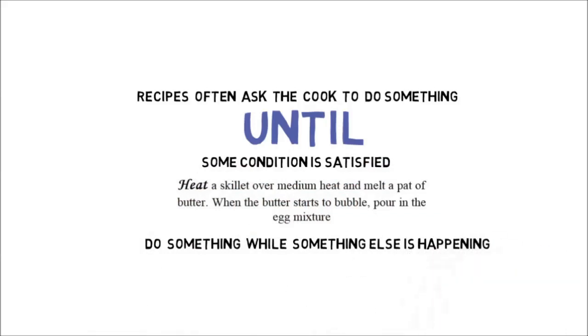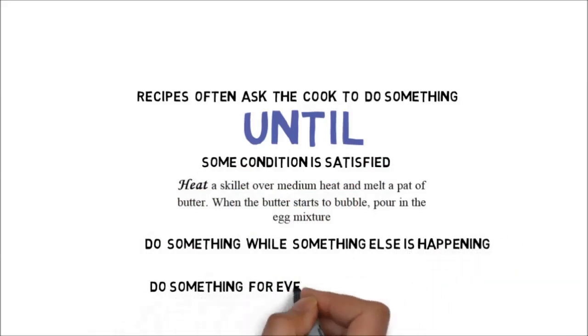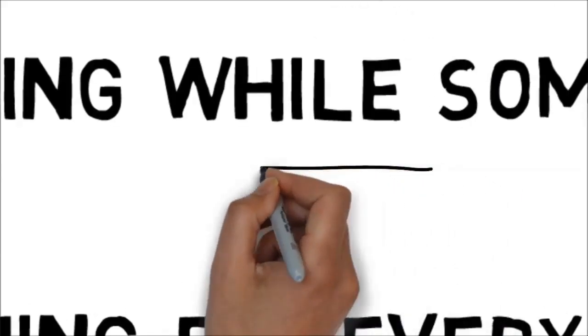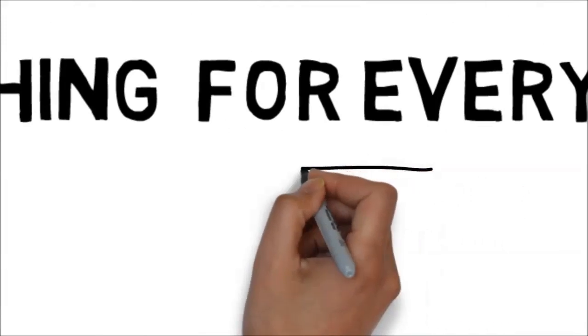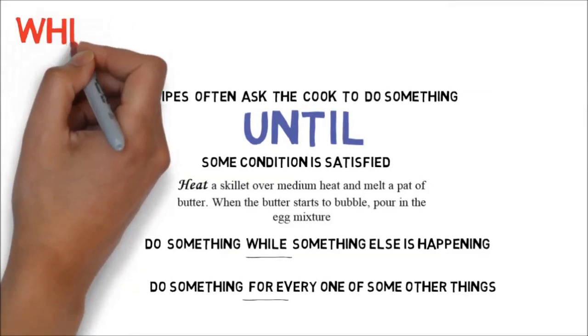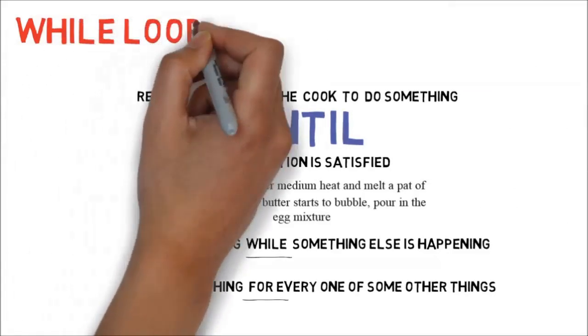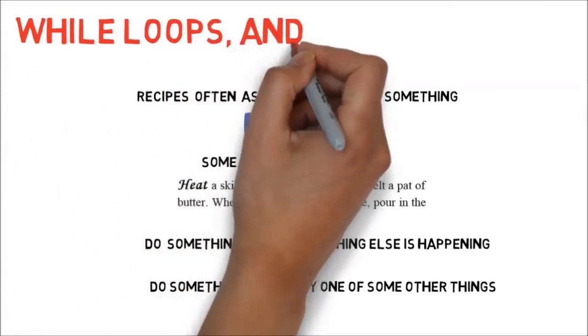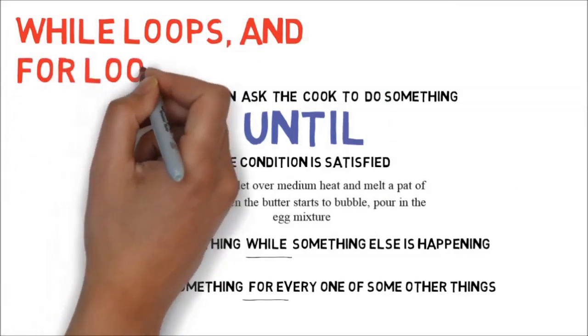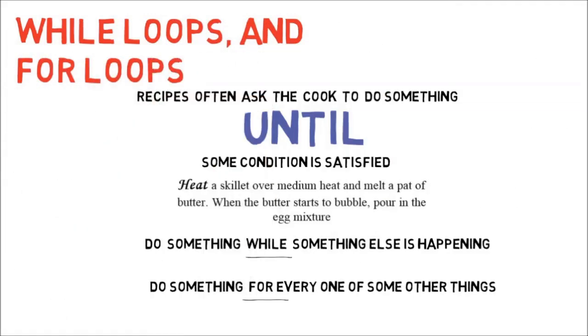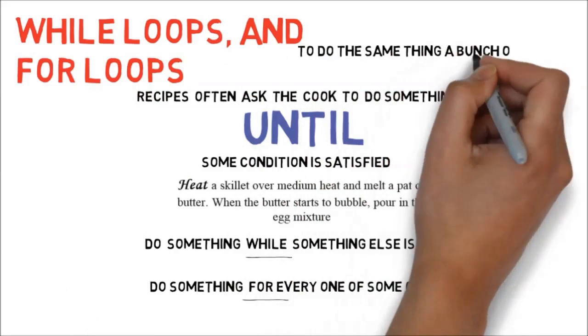Do something while something else is happening, or do something for every one of some other things. While and for. These are important concepts in recipes. They are also important concepts in coding. While loops and for loops. Loops help us do the same thing a bunch of times.